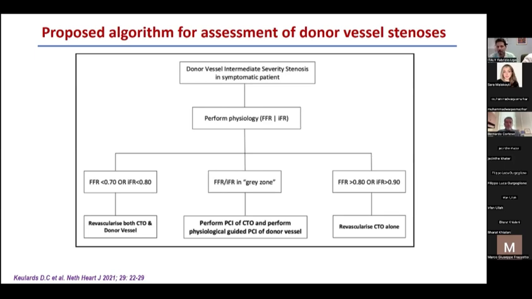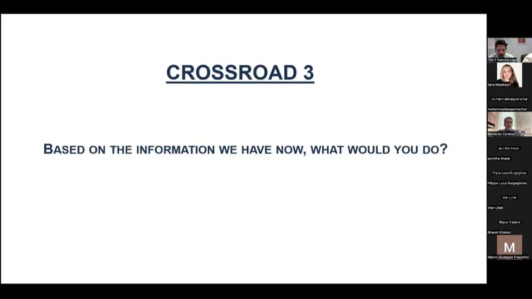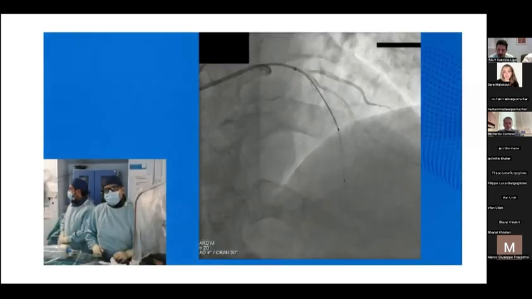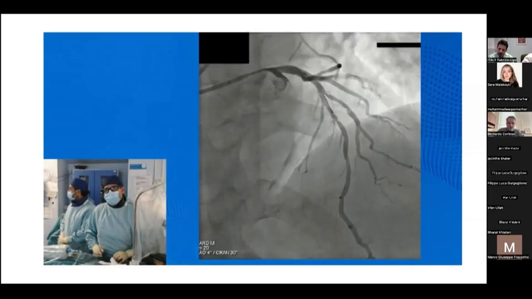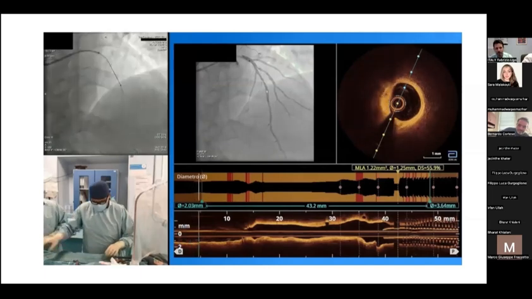So we need to revascularize only the CTO when FFR is greater than 0.80. But I finished my case with investigation using imaging, so integrating the physiology data with the imaging, because I would like to check this stenosis.